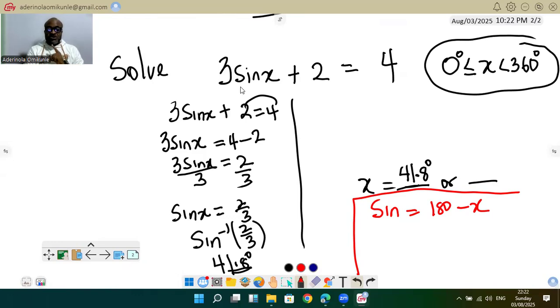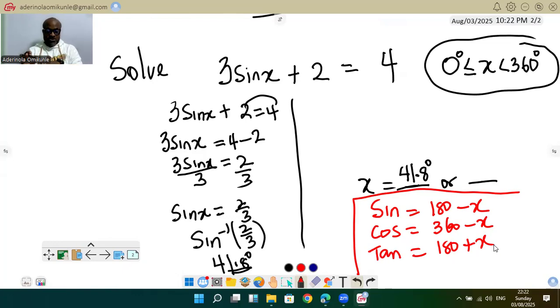Now, if this question were a cos question, to get the second value it would have been 360 minus x. And if it were a tan question, it would simply have been 180 plus x.